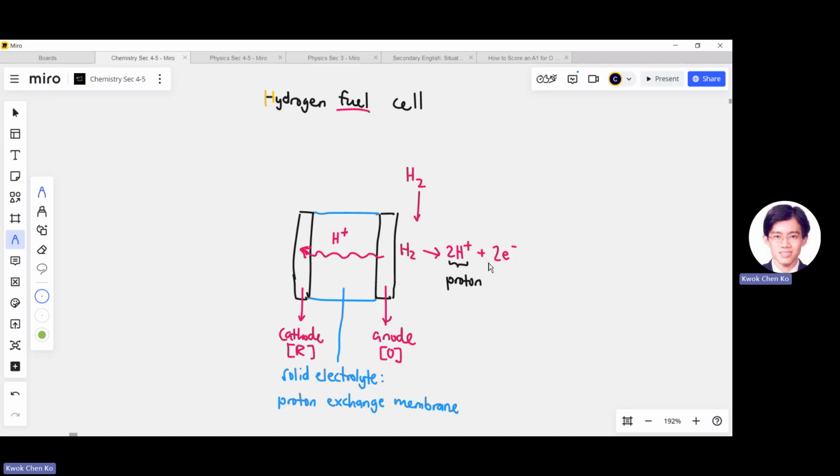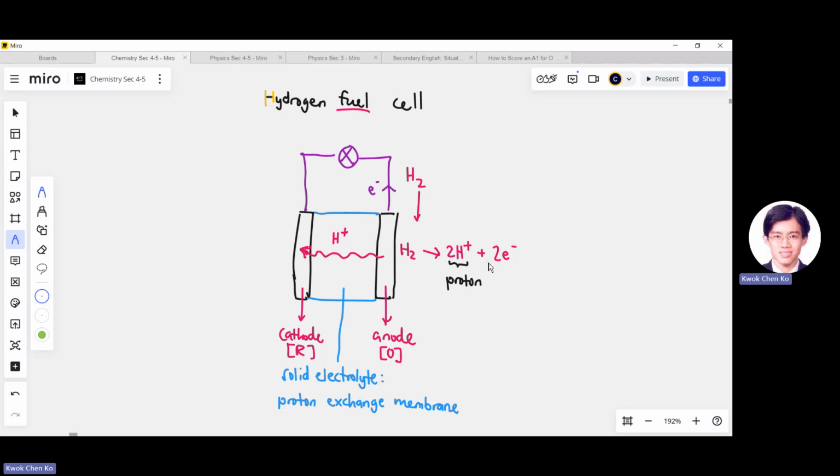But the electrons, where do they go? Can they go into the electrolyte? The answer is still no. So there must be an external circuit. Electrons go into the circuit. Okay, so be very clear about this reaction here.